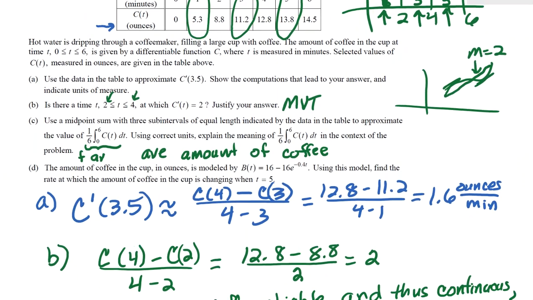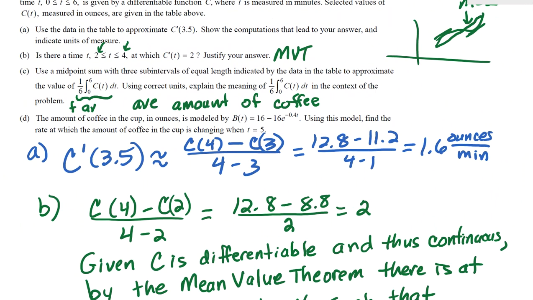All right, and then let's go grab part D. Not too bad so far. This is another fairly straightforward problem. D says the amount of coffee in the cup is modeled by this algebraic function, so an exponential function. Using this model, find the rate at which the amount of coffee in the cup is changing when t equals 5.